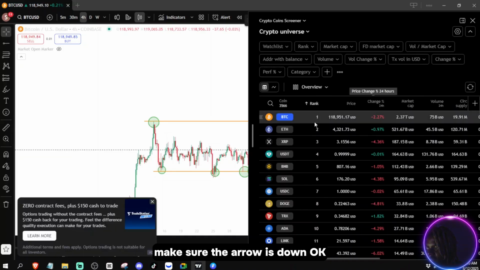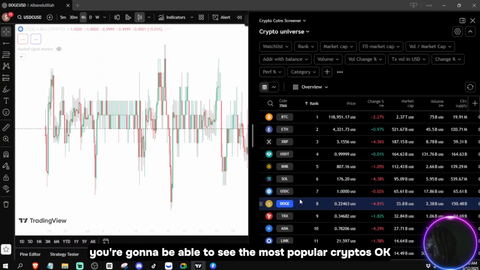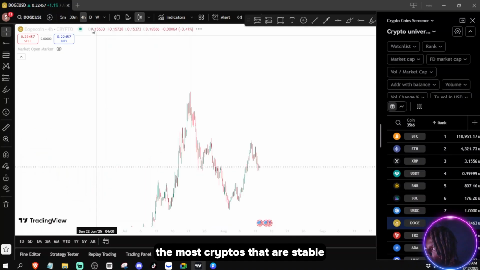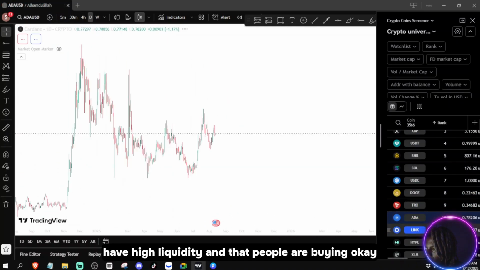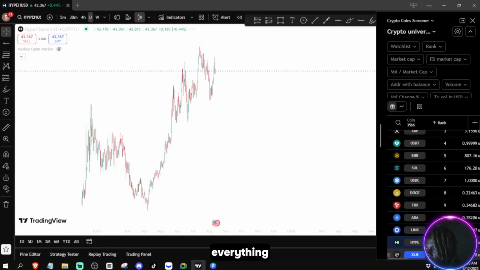Make sure the arrow is down. When you do arrow down market cap, you're going to be able to see the most popular cryptos, the ones that are stable, have high liquidity, and that people are buying. So here's a quick way to check everything.